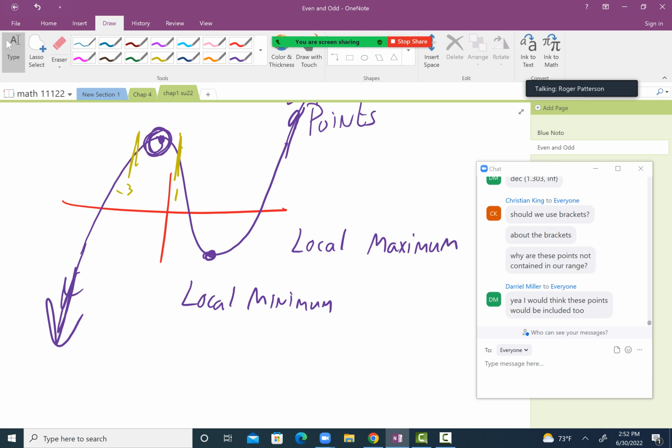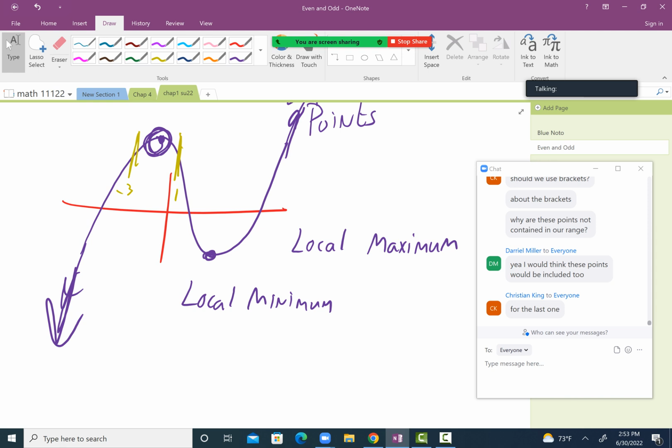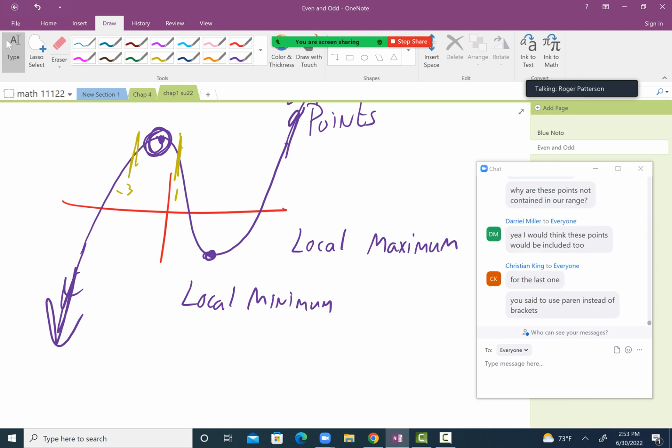Somebody's asking me about why are these points not, what points, Christian, can you tell me which points you're talking about? For the last one. Yeah. Right.